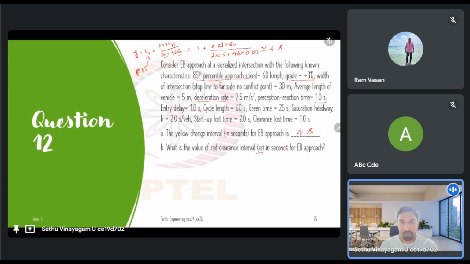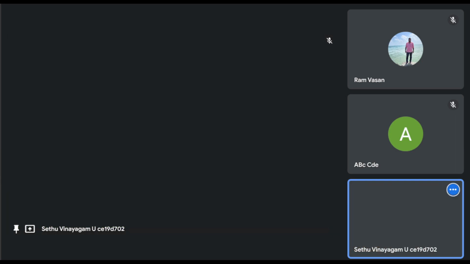So how do we find the all red interval? The all red interval is equal to the width of the intersection plus the average length of the vehicle, divided by 0.28 into V85, minus the startup delay TS. Here in the problem, W is given as 30 meters, and the average vehicle length is 5 meters, right?